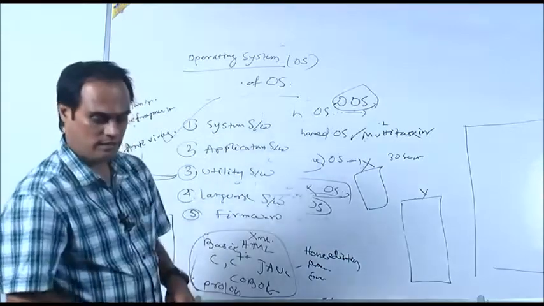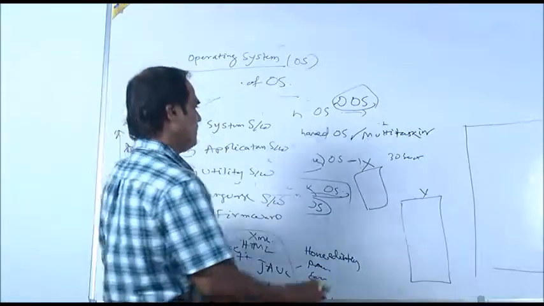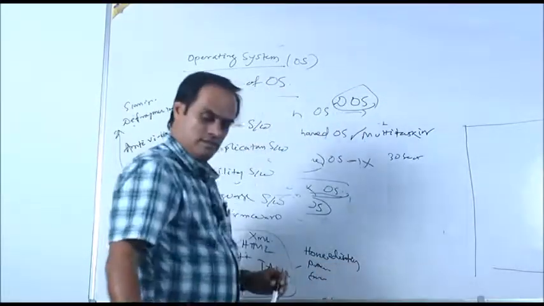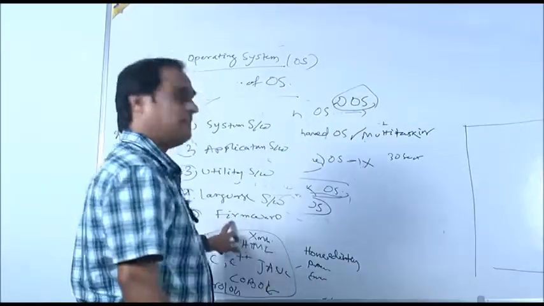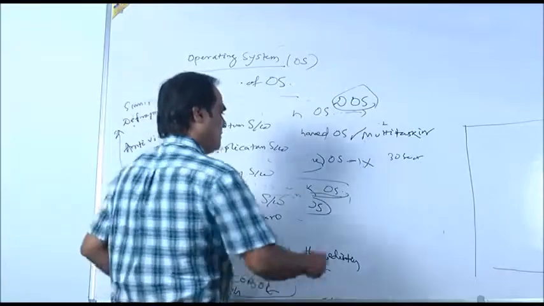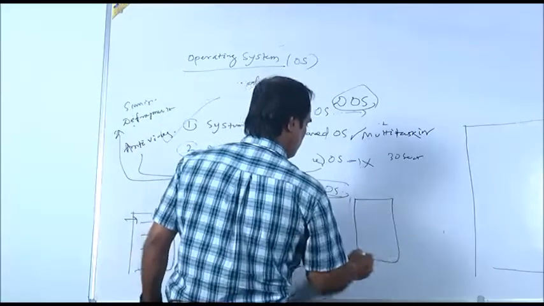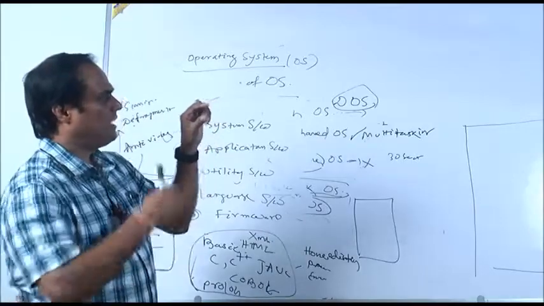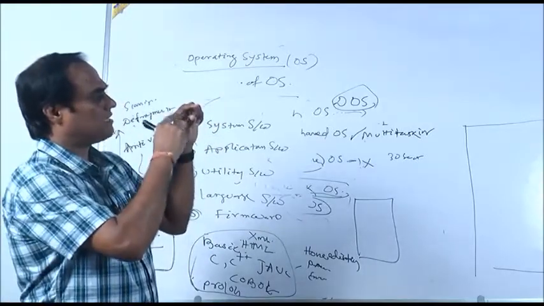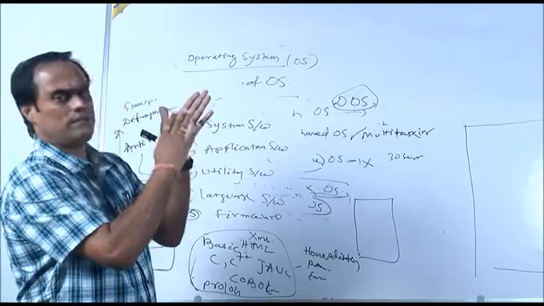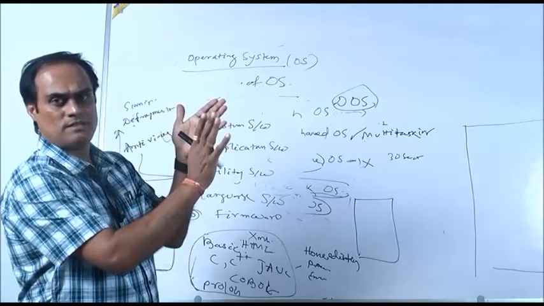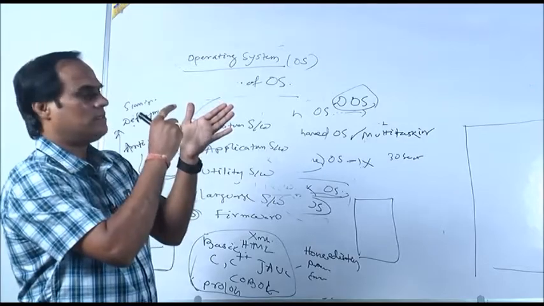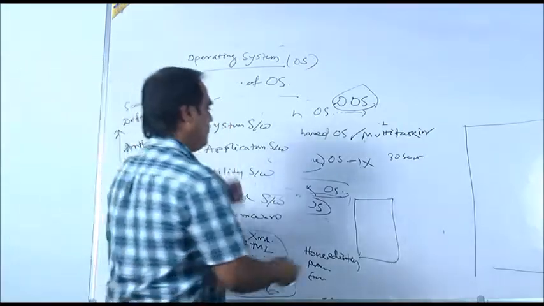Then firmware, what is that? Firmware is dedicated software developed by the manufacturers. Suppose we are giving a set of instructions, and every time the set of instructions executes, there is no change in the sequence.